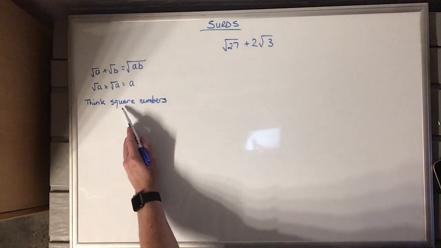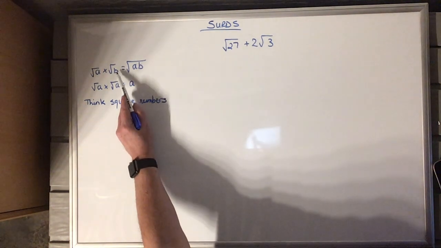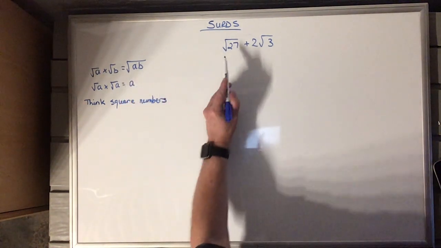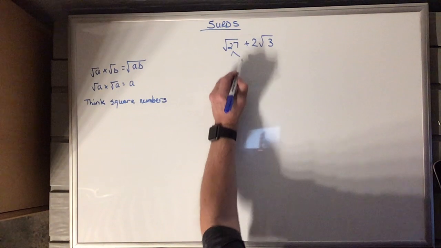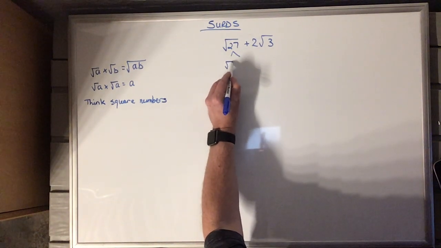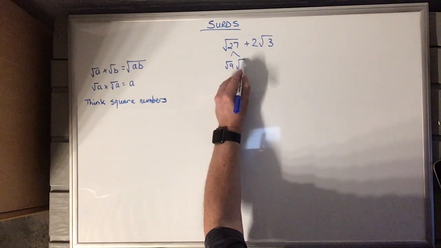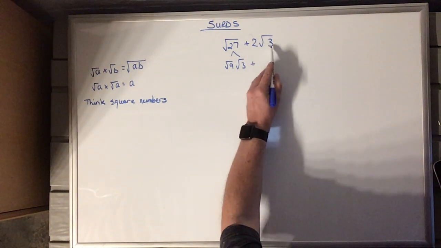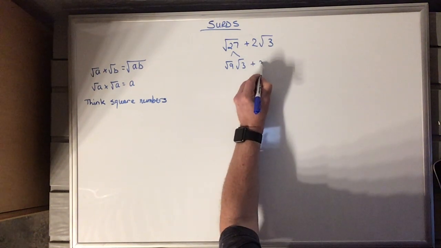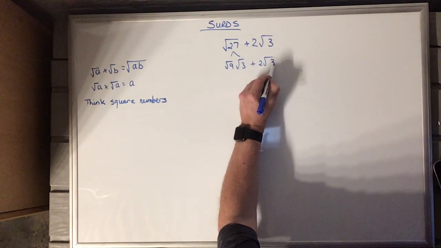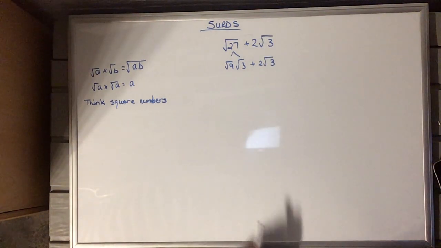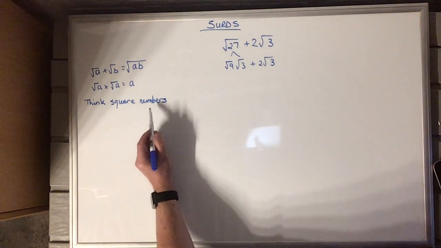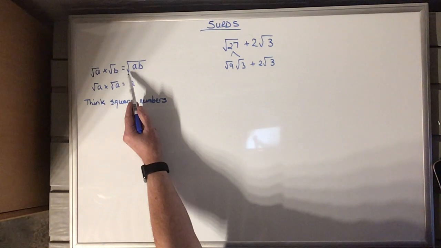Again, back to think square numbers and this rule here. So we can split root 27 into root 9, root 3, and the hint is in the question, because we want to get root 3's. So we've thought square numbers and we're using this rule.